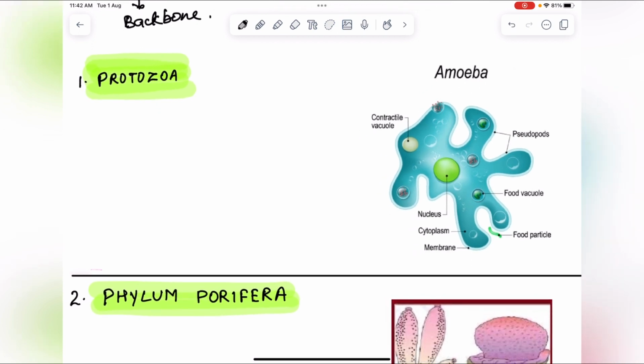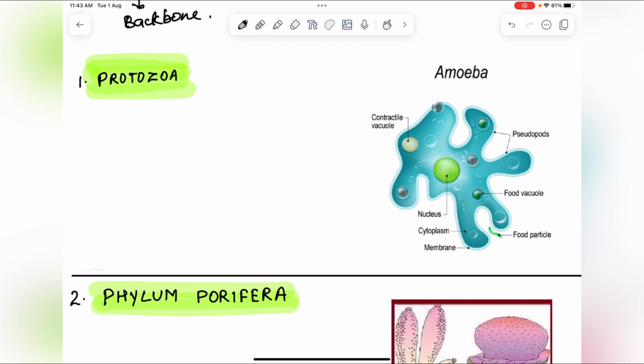First phylum is protozoa, which is unicellular. In this all the organisms will be unicellular. You can see this amoeba. The shape of the amoeba will be irregular. Amoeba, paramecium, and Euglena are the examples.